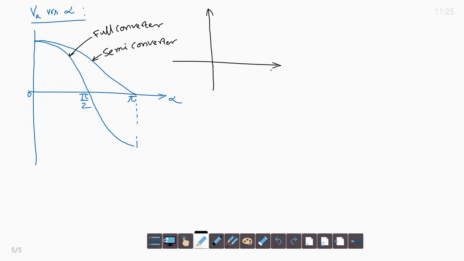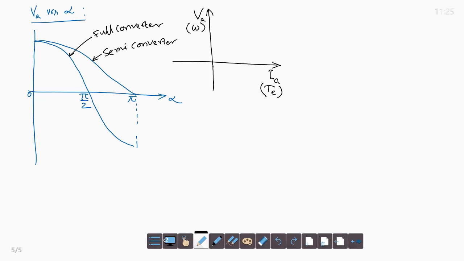So this is the current axis, where torque is proportional to current, and the vertical axis is the average voltage axis. Speed is proportional to voltage and torque is proportional to current. No load speed depends upon the voltage directly. So speed torque plane can be mapped to the voltage current plane.